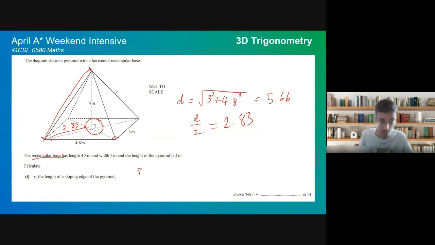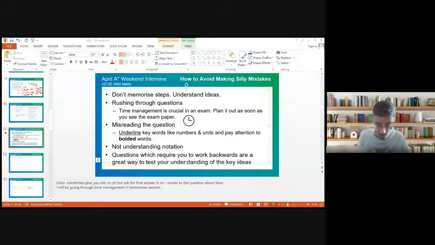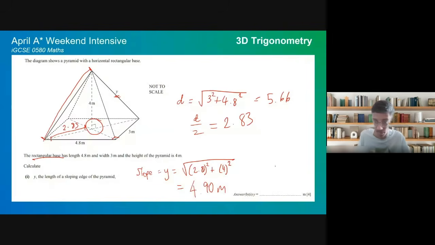The slope of the line, or y, is equal to the square root of 2.83 squared plus 4 squared. Again, this is the hypotenuse, the longest side. If you put that into your calculator, you'll get an answer of about 4.90 meters. So y in this case is 4.90.